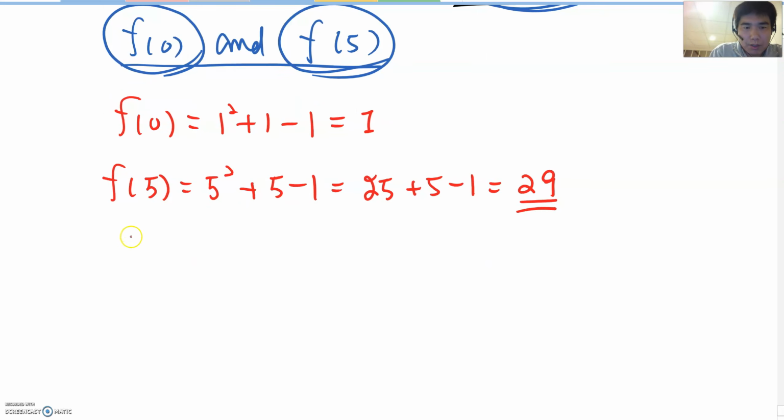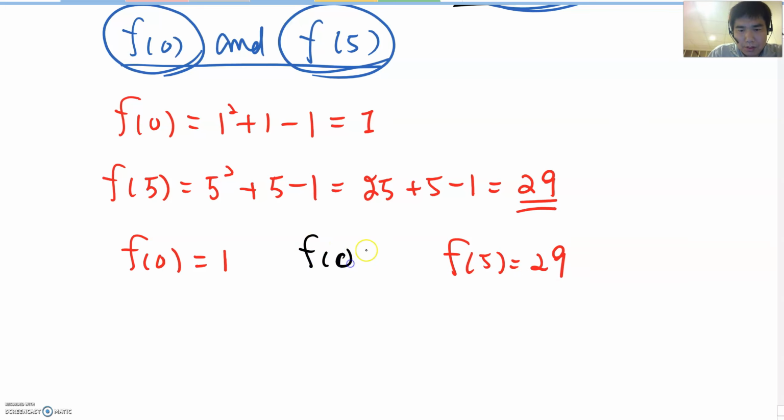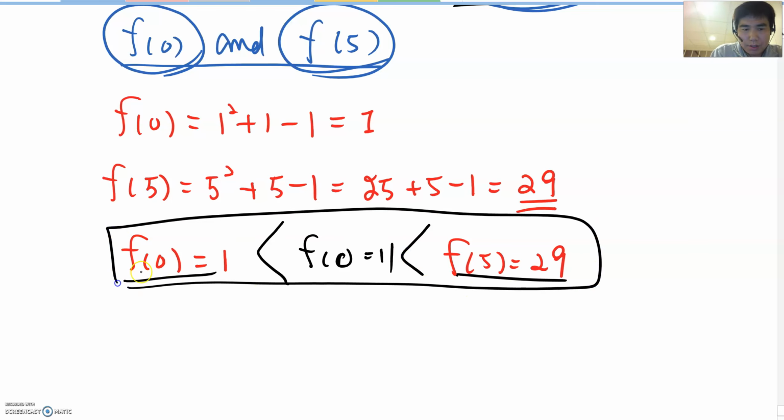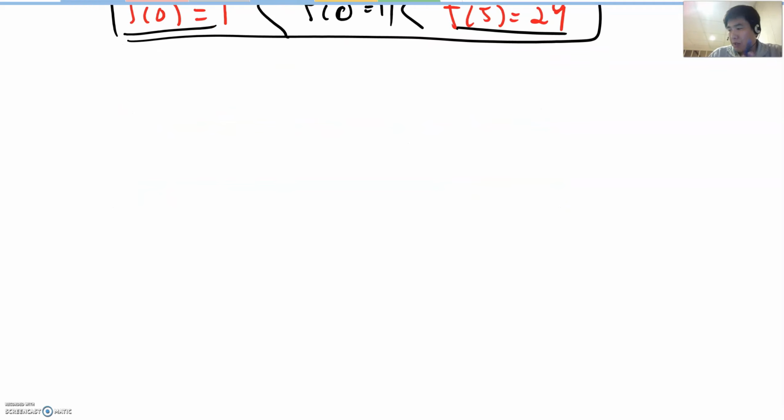So now f(0) equal to negative 1, f(5) equal to 29, and let's double check whether f(c) equal to 11 is between these two output values. And yes, it is, right? So we can apply the intermediate value theorem for this case too. Okay.